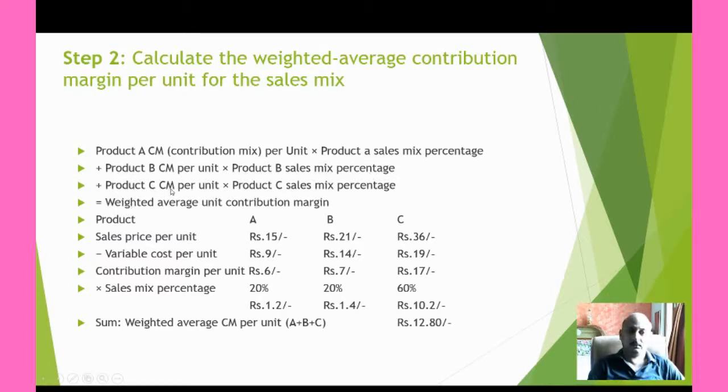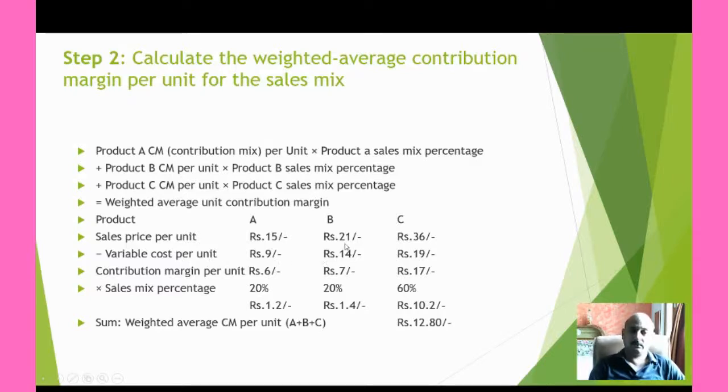So what we have done, first of all, we have deducted the variable cost per unit from the sale price per unit. Then we got the contribution margin per unit, like rupees 6 for product A, 7 for product B, and 17 for product C. Then we multiply it with the sales mix percentages, that is 20, 20, and 60%.